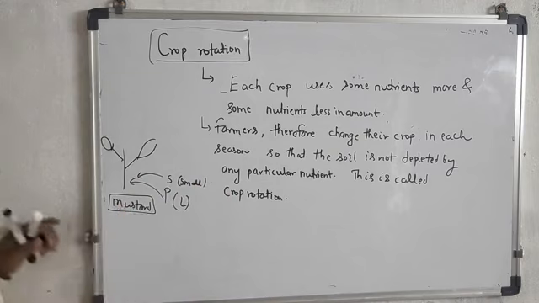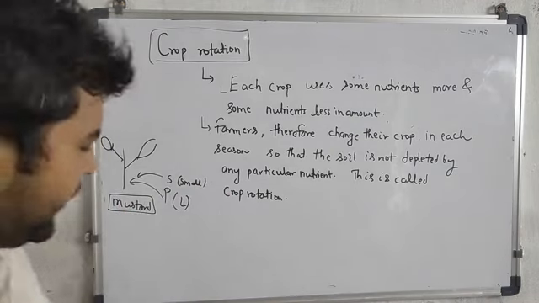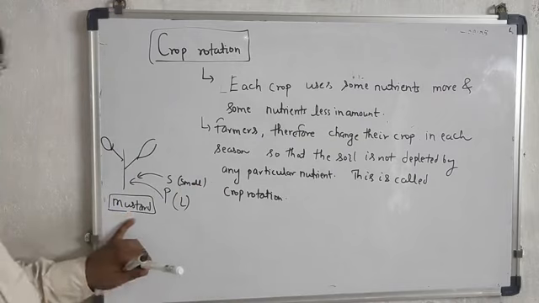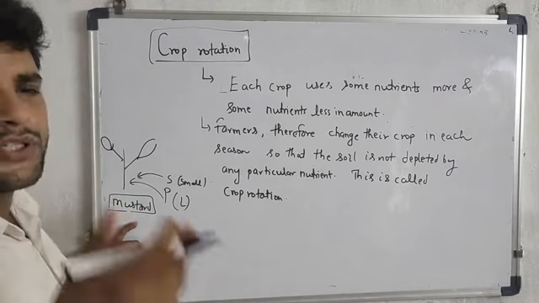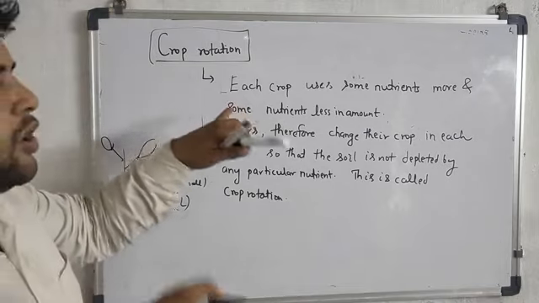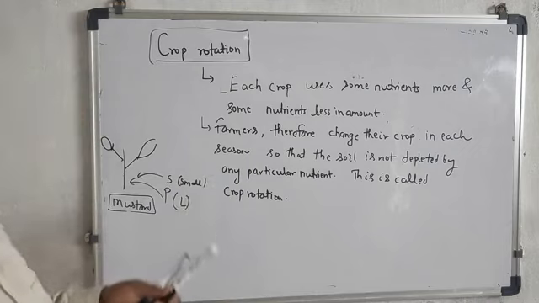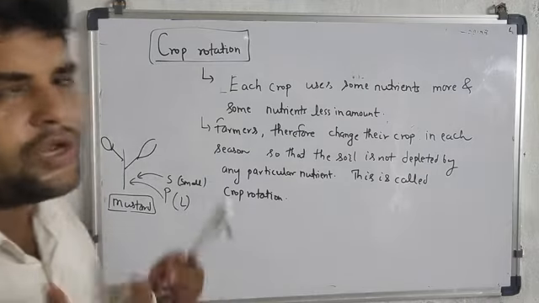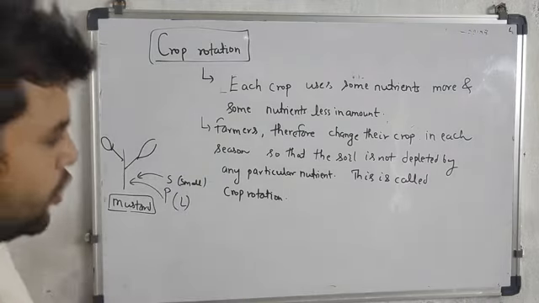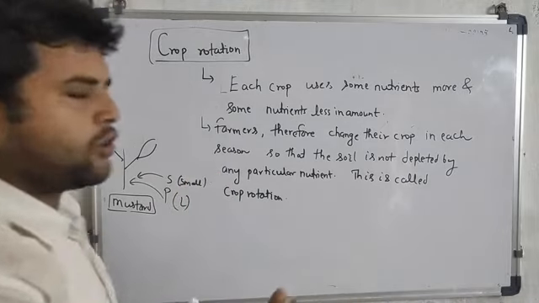So as we know that the crop requirements may be different. Suppose the phosphorus is required by mustard in large amount, sulfur in small amount. So each crop basically takes some amount of nutrients from the soil, some in the larger amount, some in the smaller amount. So farmers usually are going to change their crops.